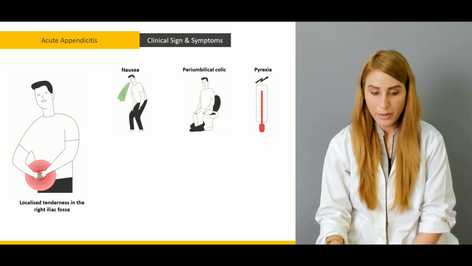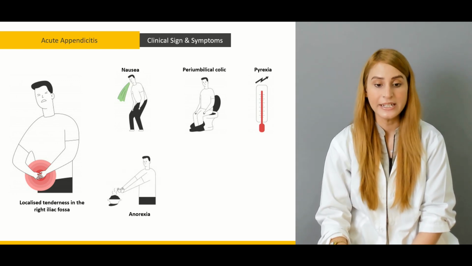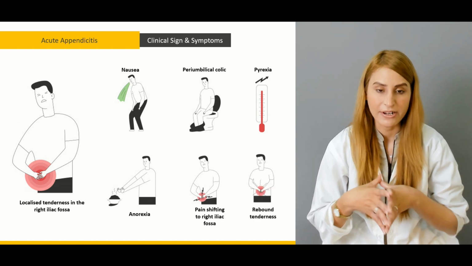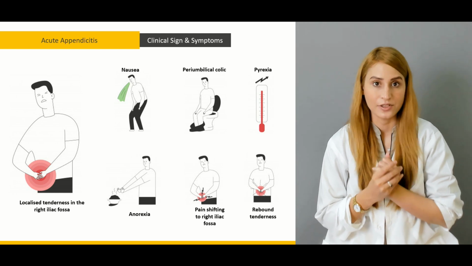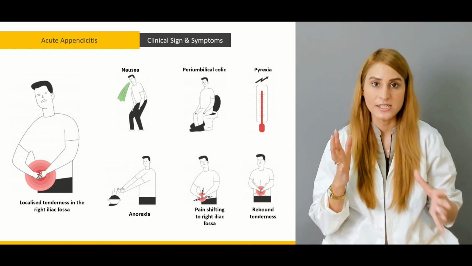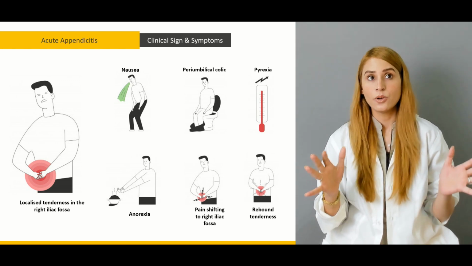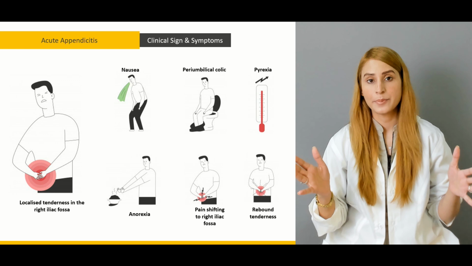So nausea, periumbilical colic, pyrexia, localized pain, anorexia, pain shifting to the right iliac fossa, and the rebound tenderness. These are particularly the signs we have to elicit in a patient who is coming to you with right iliac fossa pain, right? So what is the typical scenario?